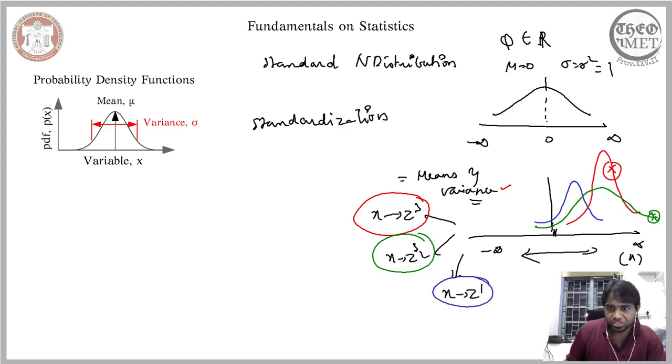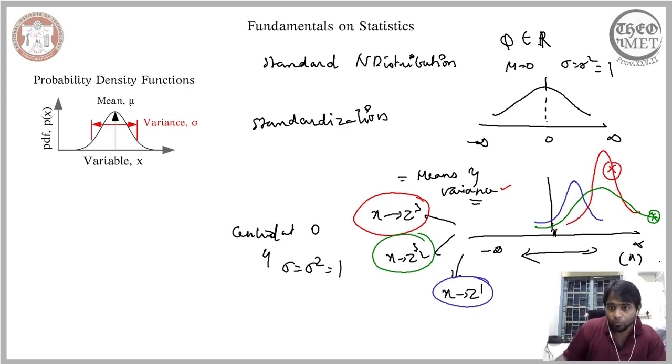So I'm scaling the variable in such a way that these different distribution functions are centered at 0, and they exhibit a standard deviation and a variance equal to 1.